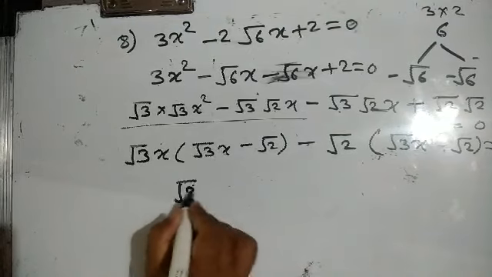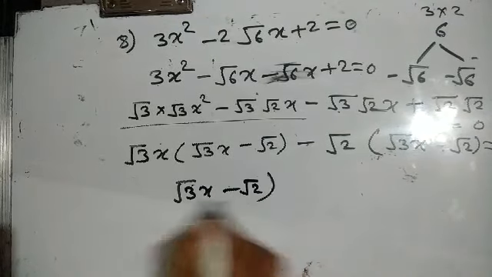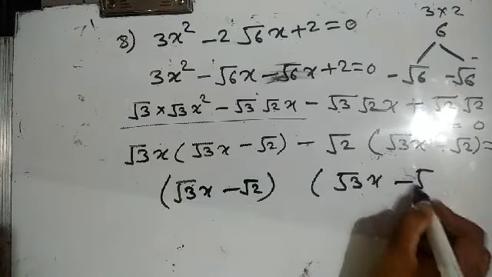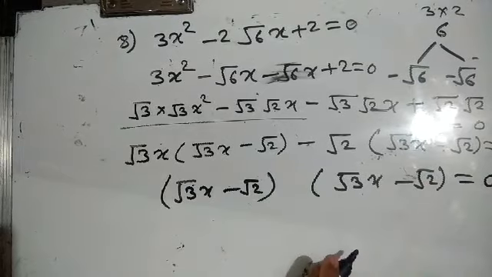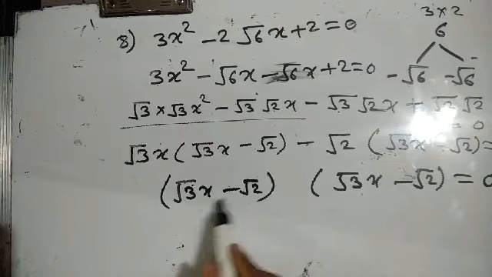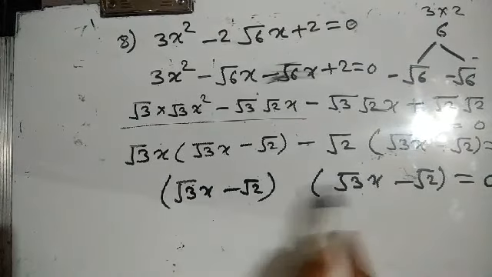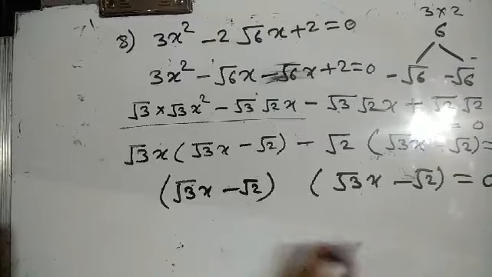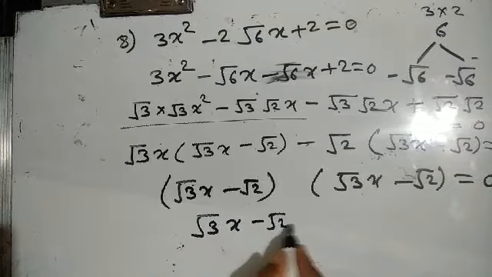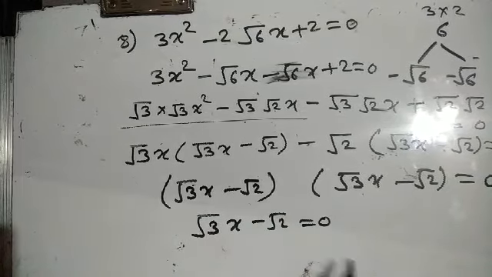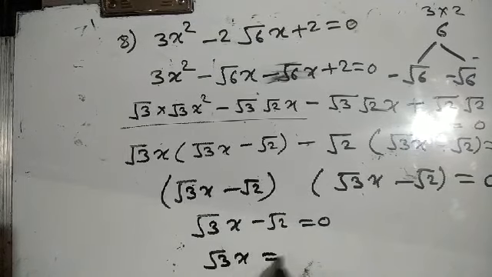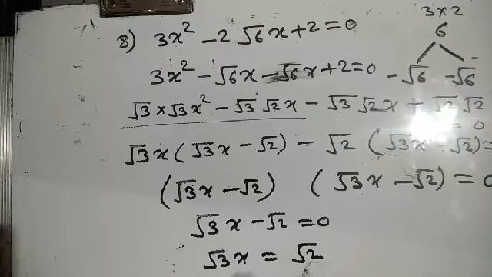Therefore take √3x minus √2 in one bracket and another √3x minus √2 in another bracket is equal to 0. Here in both brackets the elements are the same, therefore write at one time only √3x minus √2 is equal to 0.